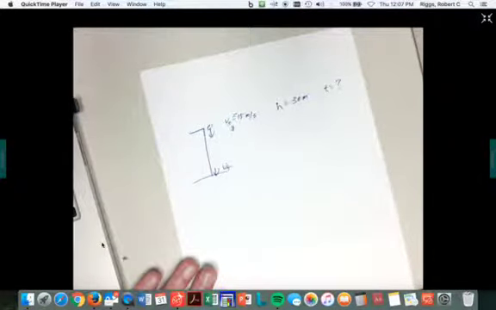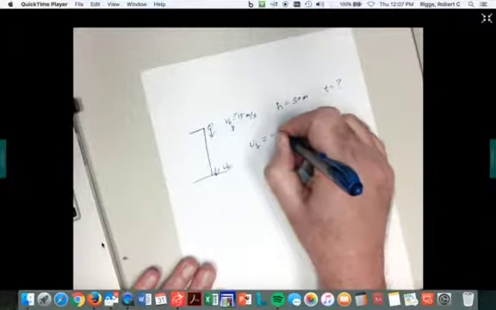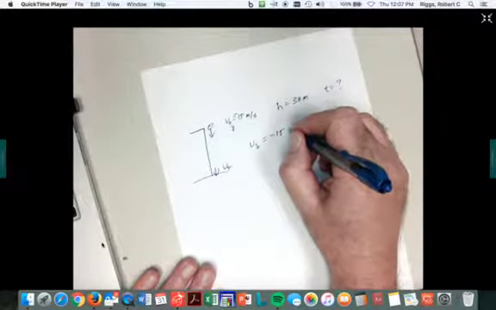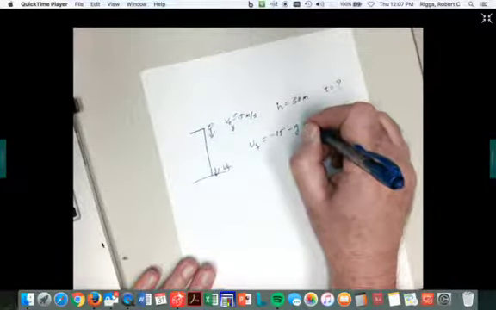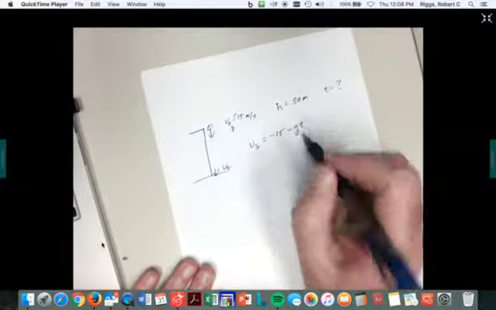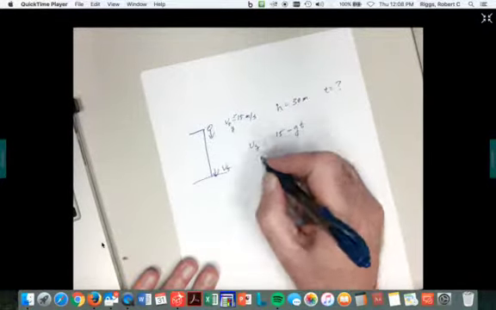The final velocity would equal minus 15 minus gt. Two unknowns, one equation. I need another equation. I could use this one.